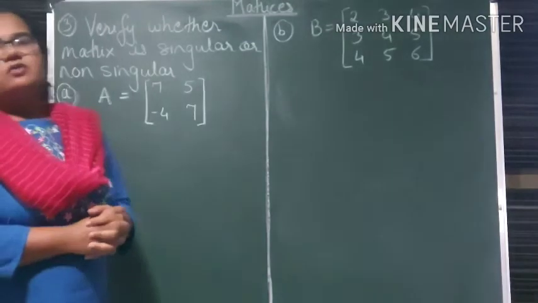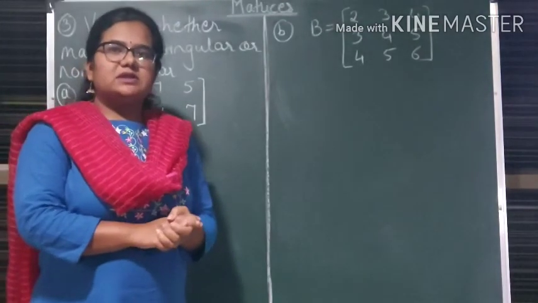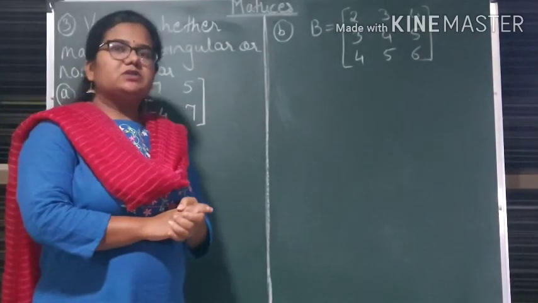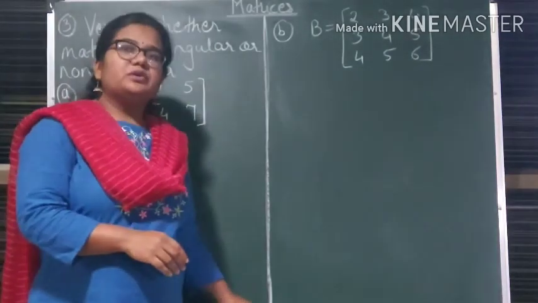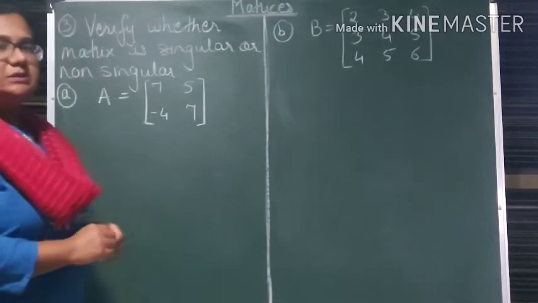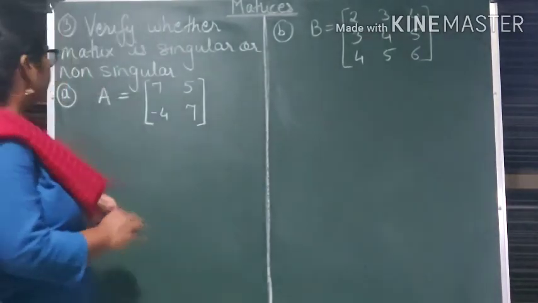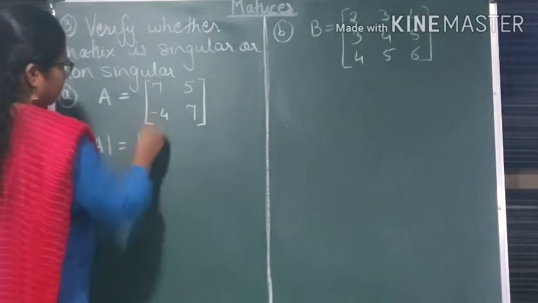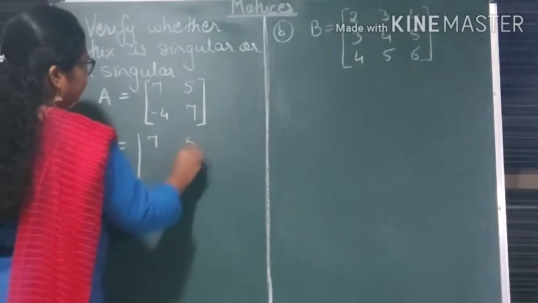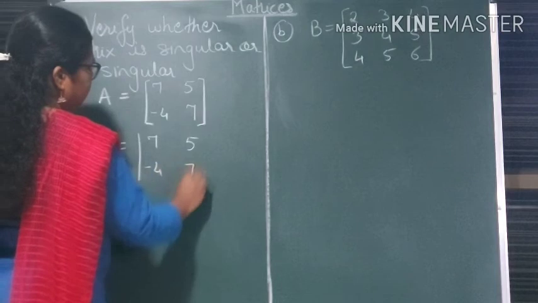Now this also I have taught you: a matrix is singular when the determinant of the matrix is equal to 0. So first we will find the determinant of the given matrix. Yes, so determinant of A will be equal to the determinant of 7, 5, minus 4, 7.